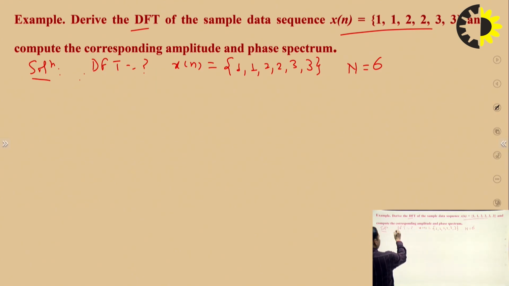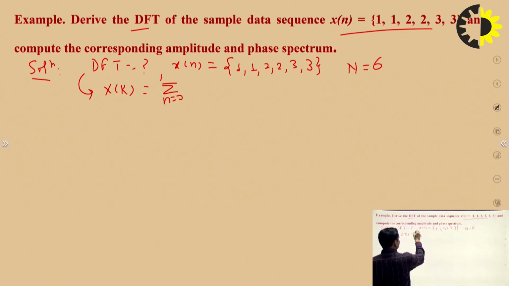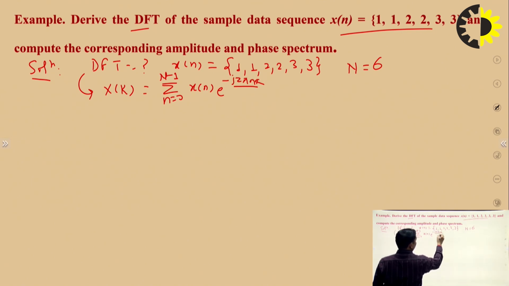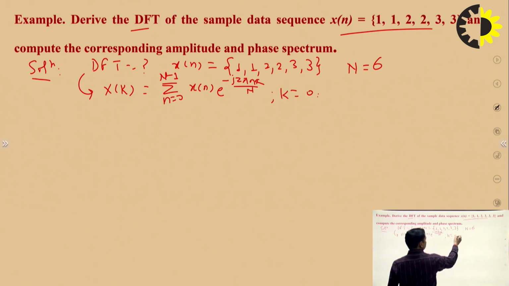Now, we have to calculate the value of this DFT, X of k, which is given by the summation of n equals 0 to N minus 1 of x of n e raised to power minus j 2 pi n k upon capital N, where k ranges from 0, 1, 2, 3 up to N minus 1.